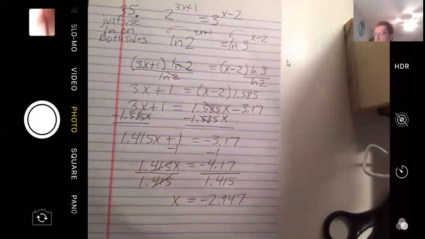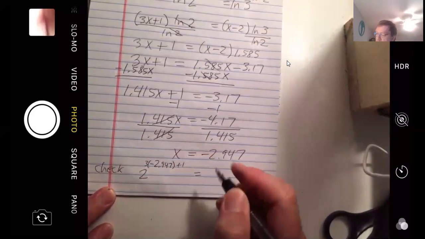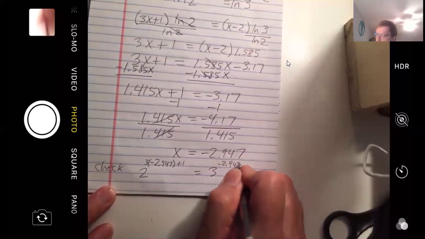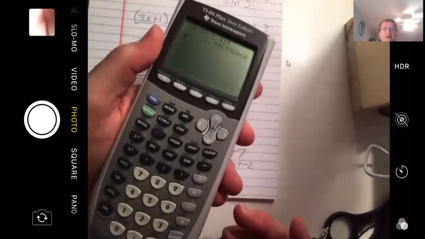If you wanted to check this to give yourself some confidence, you could go 2 to the 3 times negative 2.947, add 1. That should come up pretty close to 3 to the negative 2.947, subtract 2. Let's see how close I get to both sides with all the rounding going on.